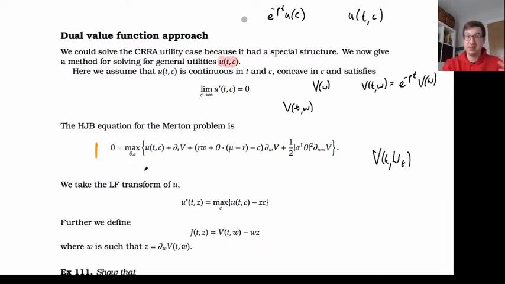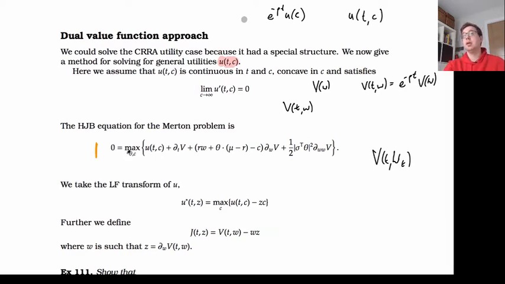So it's a bit of a mess of an equation. And the point of this dual value function approach is to essentially apply a transform to this equation, which will then simplify it, and we'll see that we can reduce this rather complicated partial differential equation with maxima and minima in it into just a normal ordinary differential equation.